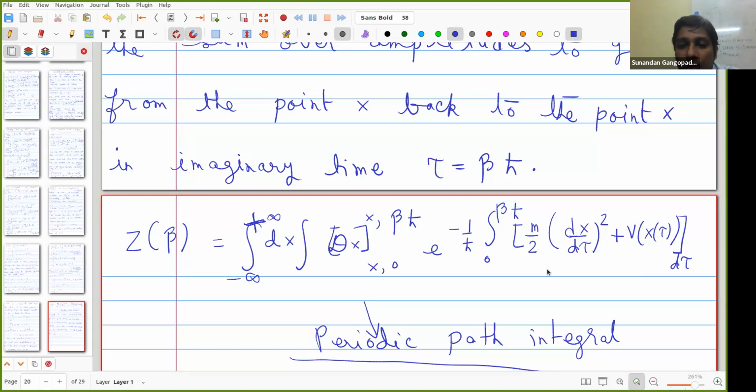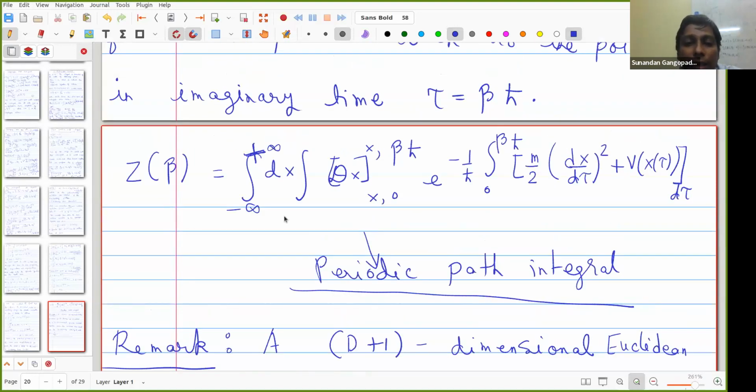So it comes here, and you can see that this partition function is basically a periodic path integral. Why periodic? Because it starts out from the time t is equal to 0, it ends up at the time t is equal to beta h bar. So this is the imaginary time. It starts out from the same point and ends up at the same point. That is why it is called a periodic path integral. It comes back to the same point.